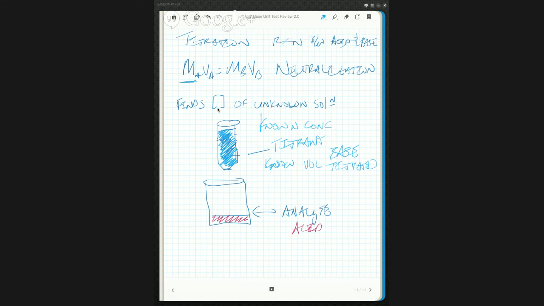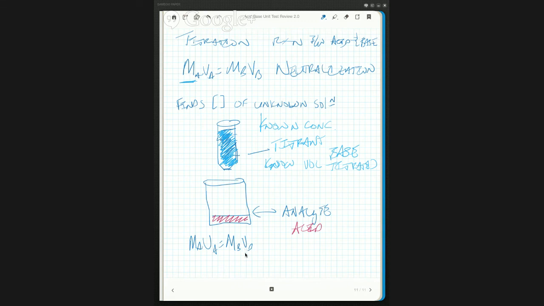So when you do this, really what this boils down to is MAVA equals MBVB.